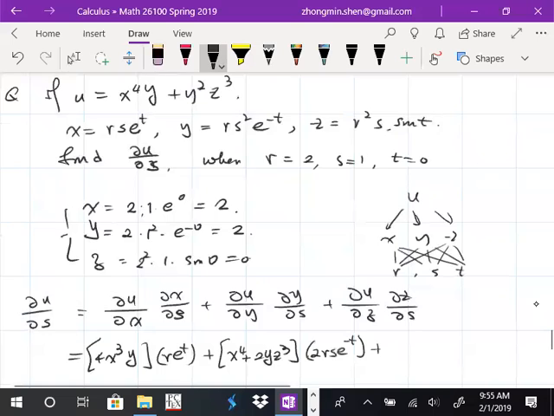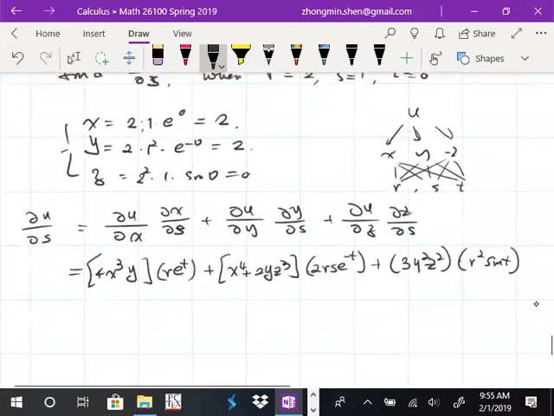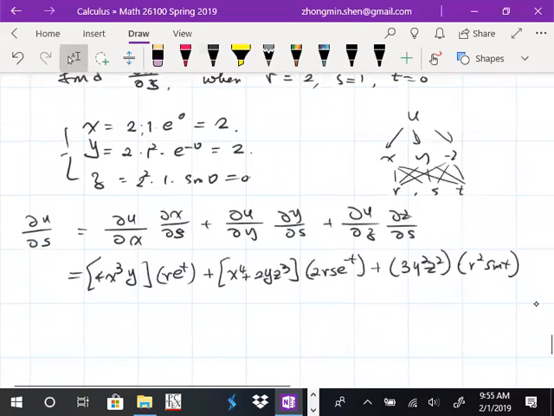And the partial derivative of u with respect to z will be 3x^4 y squared z squared. And the partial derivative of z with respect to s is r squared sin t. So you can see that it is the chain rule, although the expressions are complicated, they are still in a very simple form.